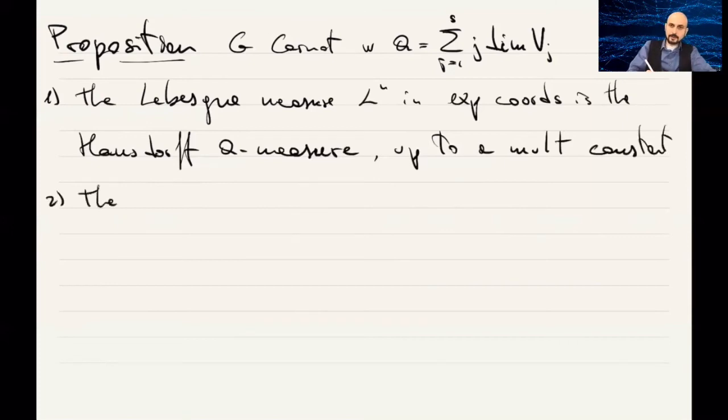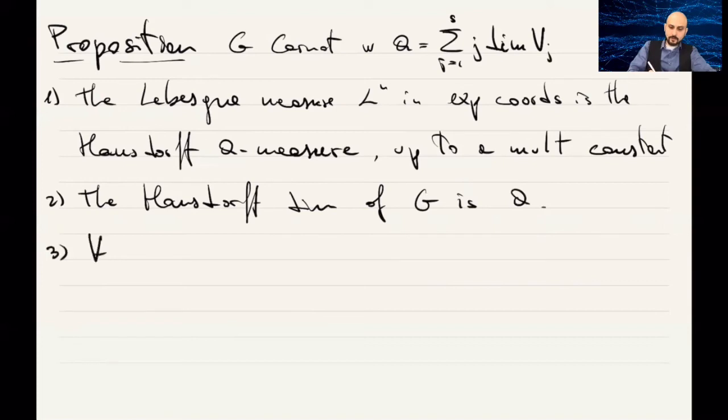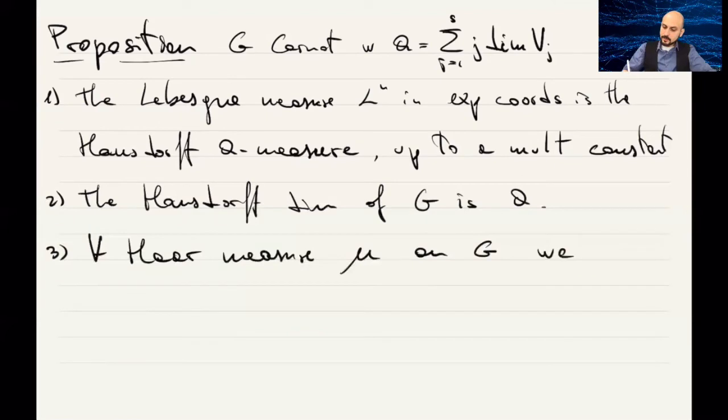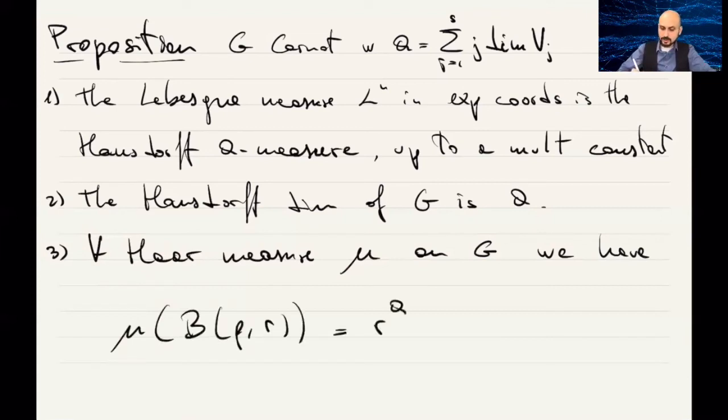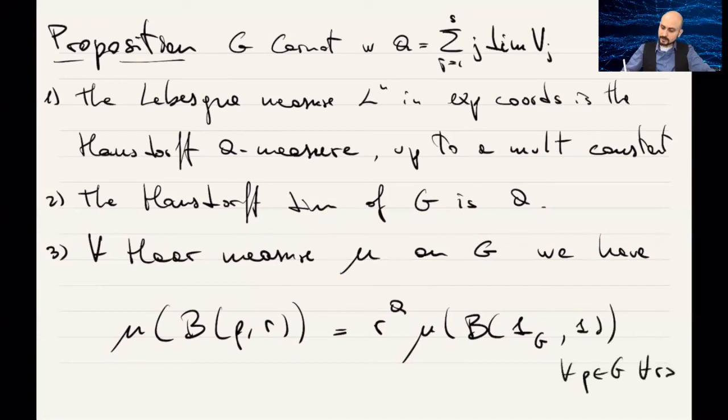Second, the Hausdorff dimension of G is equal to Q. Third, for every other Haar measure mu on G, we have that the measure of the ball of radius r centered at P is equal to r to the Q times the measure of the ball centered at the identity element and radius 1, for all P in G, for all r greater than 0.